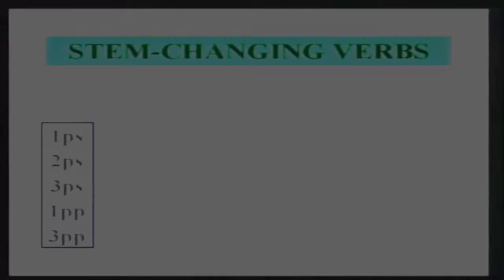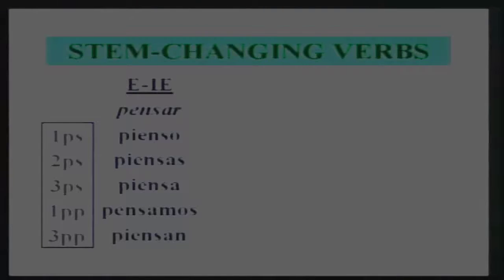Again, these are infinitives in AR and ER, and you'll notice that you'll see for the present indicative, pensar. Now they show you that what happens in the verb pensar, the E changes to IE. So let's conjugate pensar. Yo pienso.